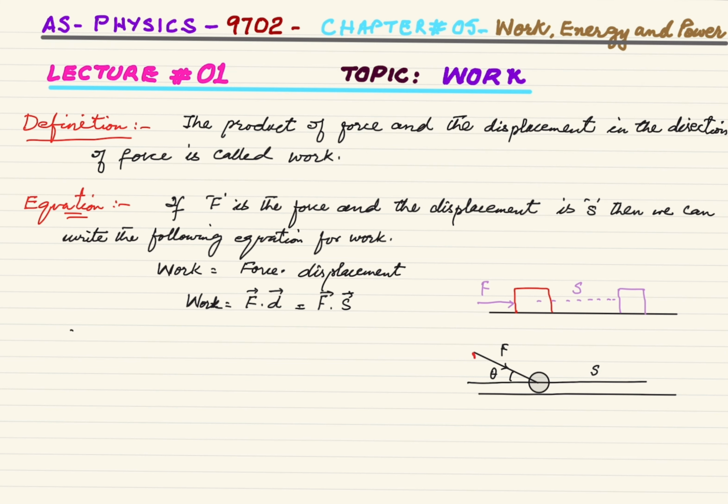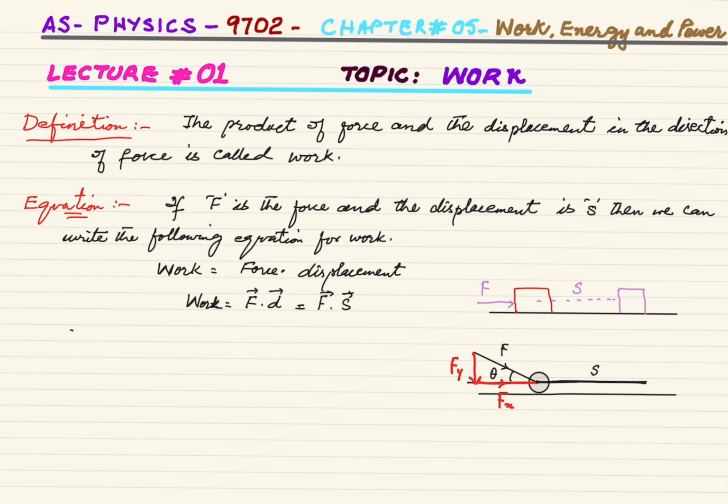So first of all, you resolve the force into two components: one is Fx, the other component is Fy. As you can see here, Fx is the component which is in the direction of the displacement.